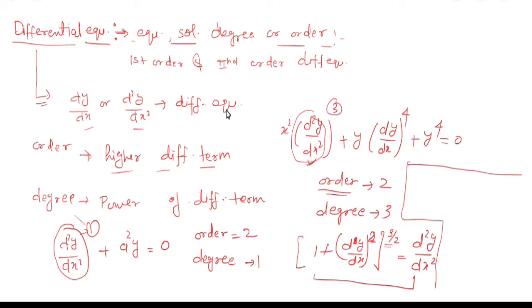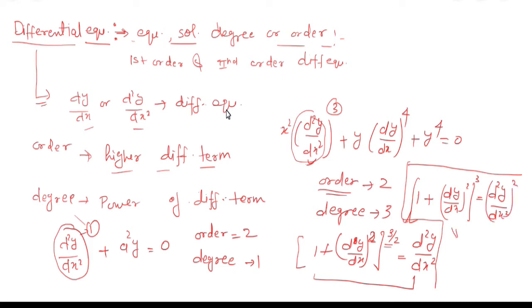To remove the fractional power 3 by 2, we will square both sides of this equation, and we will get (dy by dx) whole square, whole power 3, equal to (d2y by dx square) whole power 2.